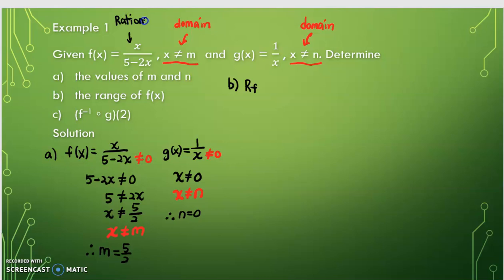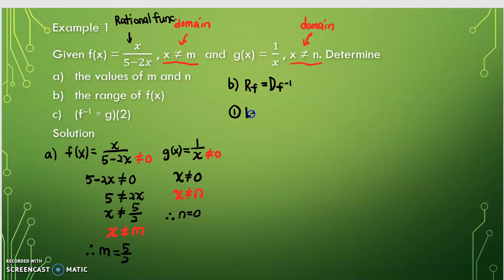In order to find the range for a rational function, this will be equal to the domain of f inverse. So I try to write in the form of domain of f inverse. So first, we need to find the inverse function.